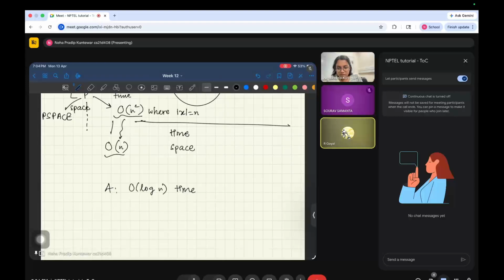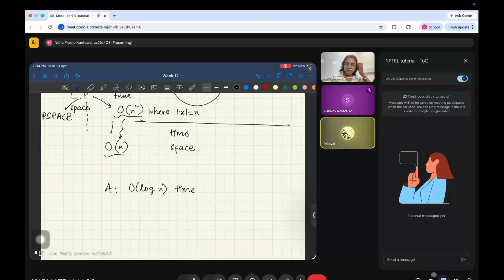That's fine. But probably time of the order of log n does not make sense because even while reading the entire input, we would require at least a linear amount of time.